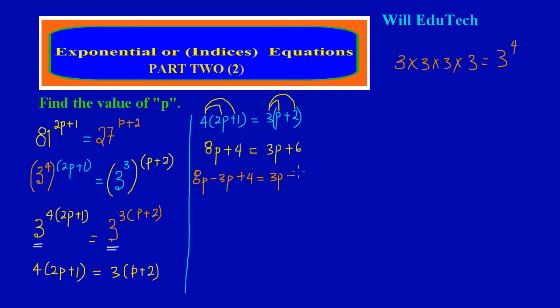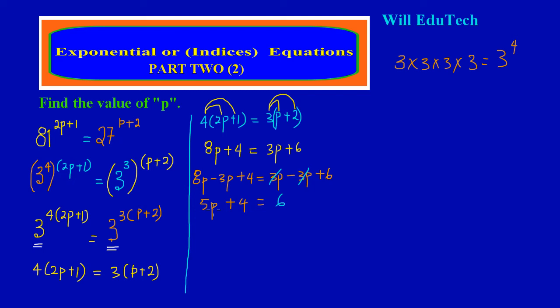Because I've subtracted 3p there, I have to do it on this side also. So obviously 8p minus 3p would leave us with 5p, okay? And I have a positive 4 there, and this must be equal to, we know that 3p will cancel out with a negative 3p, okay? And I have a positive 6 there left over.